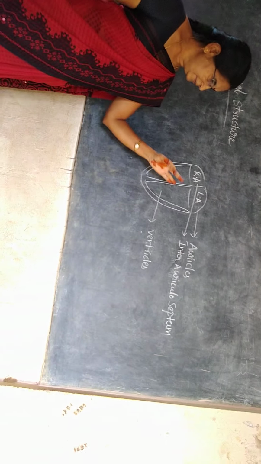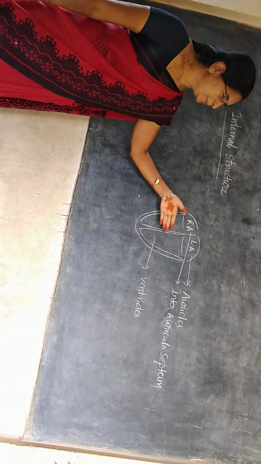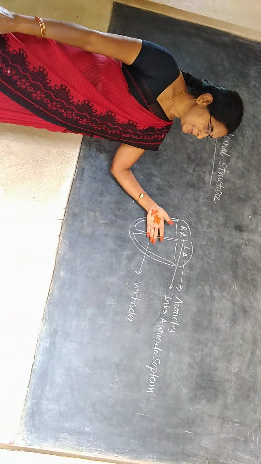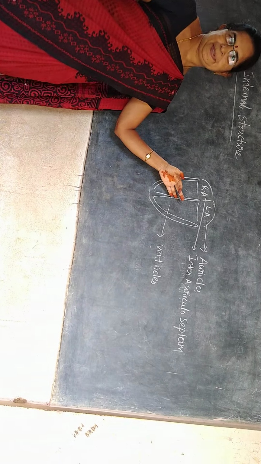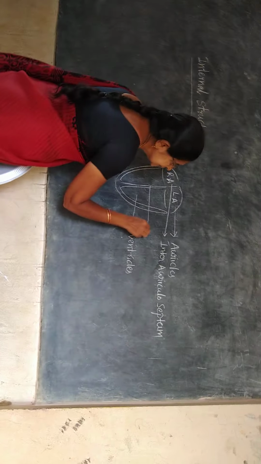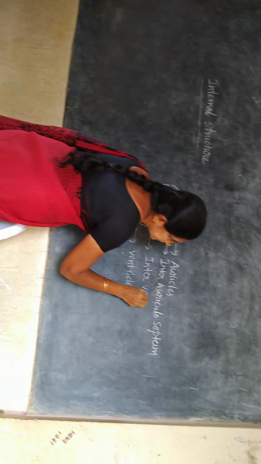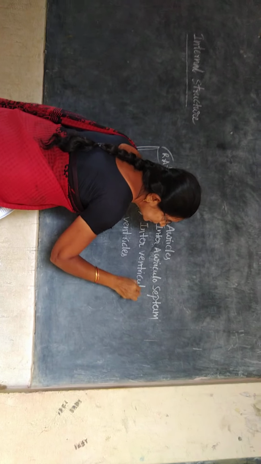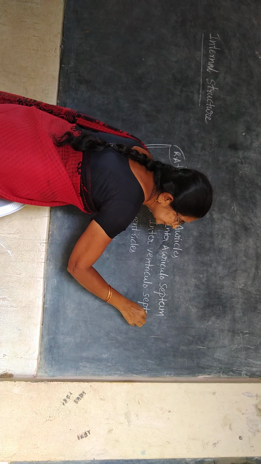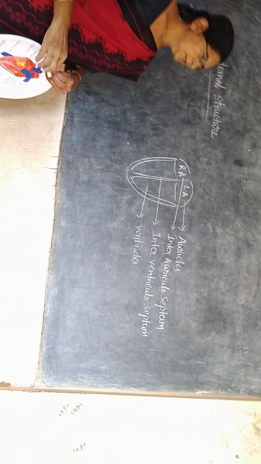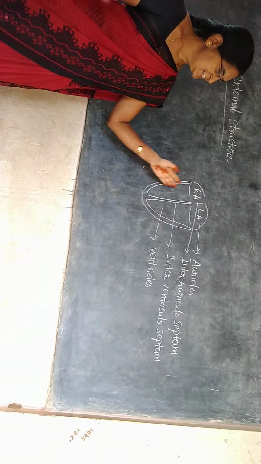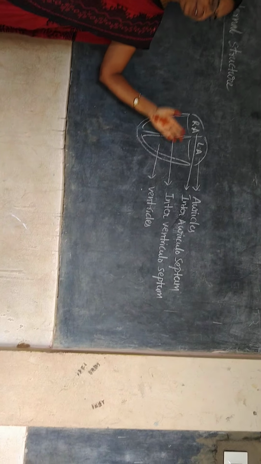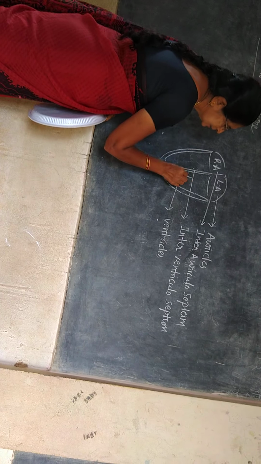And if we observe the ventricles, the lower chambers, these are also divided with a septum that is called the interventriculoseptum. It is a septum in between the two ventricles, dividing them as left and right ventricle.